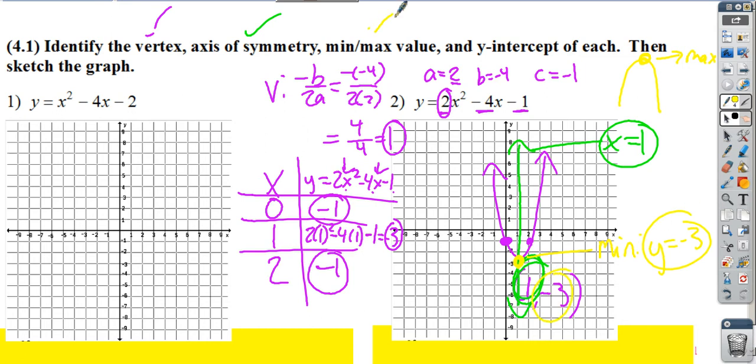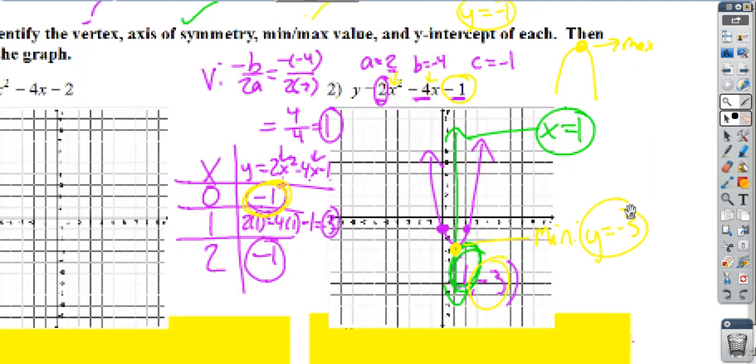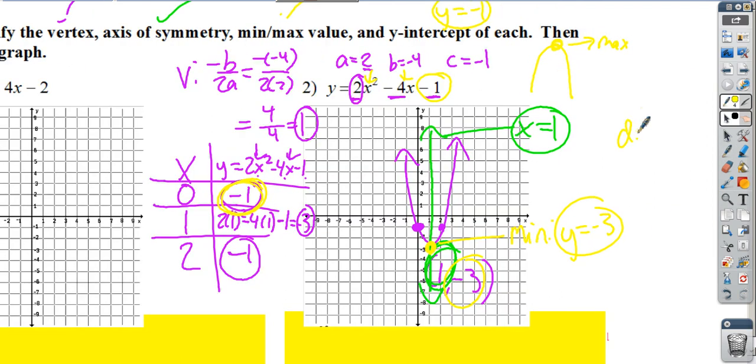And then finally, the y-intercept occurs when x equals 0. So we found that when we plugged in x equals 0, we got this number, negative 1. So anytime you want to find the y-intercept, just plug in 0 for the x's, and it's going to be that number right there. Okay, so that's a summary of 4.1. The domain is always all real numbers.